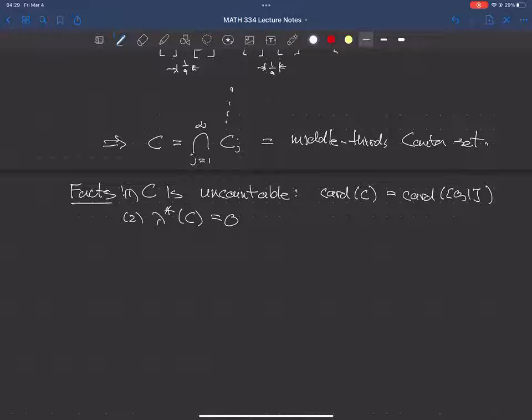So if the Lebesgue outer measure was sufficiently nice, we could kind of just walk away and be done with it. But the Lebesgue outer measure has an important deficiency.